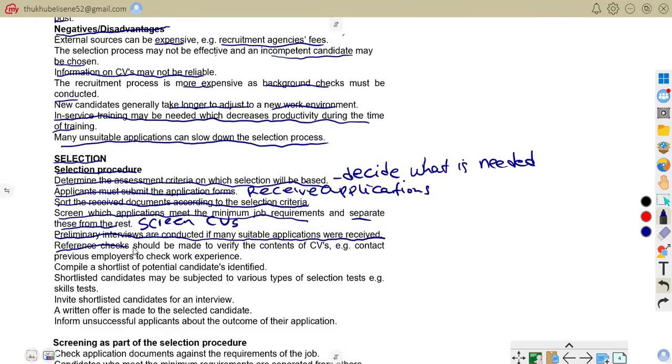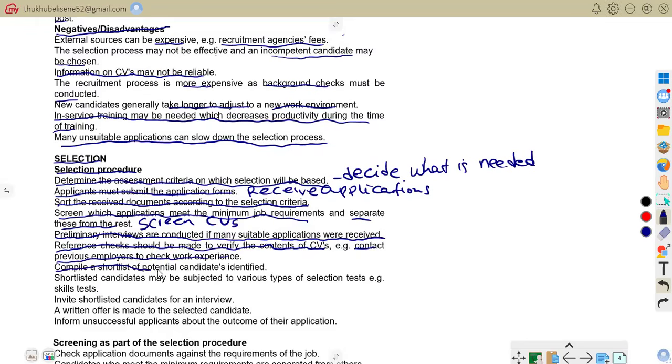Reference checks should be made to verify the contents of the CV. For example, HR can phone previous employers to confirm the work history of the candidate. That is that.